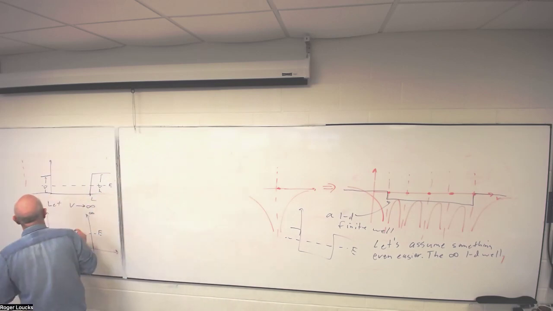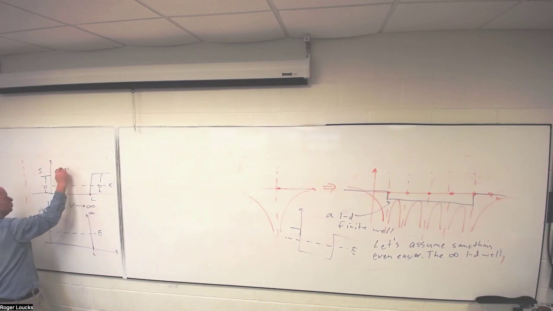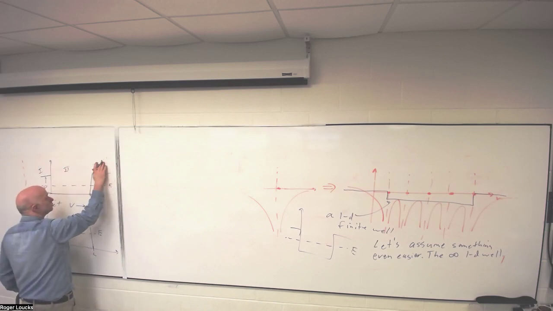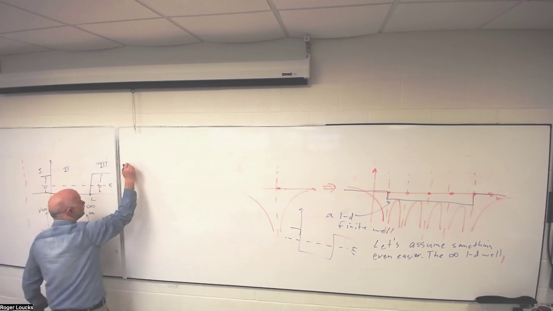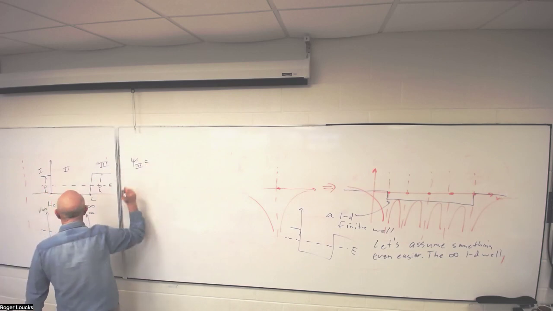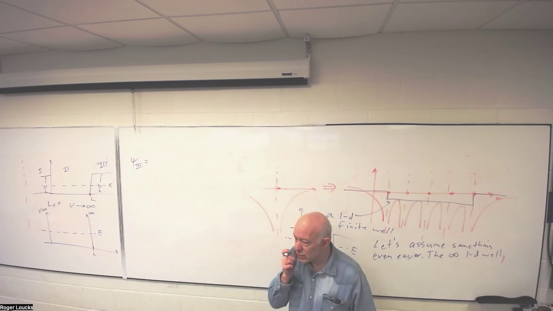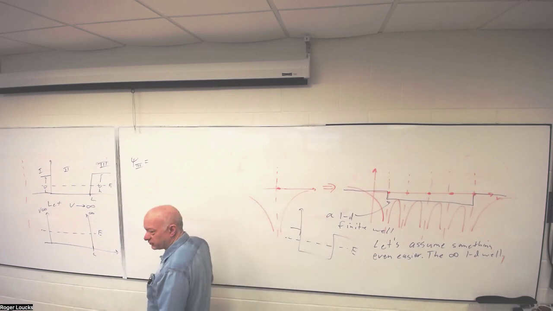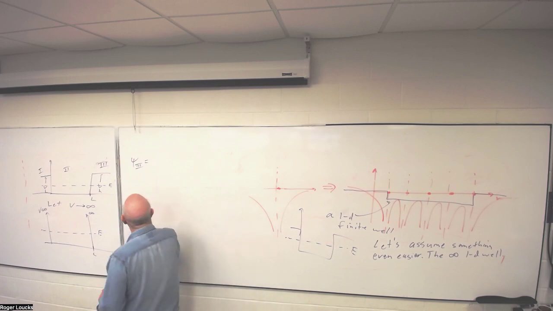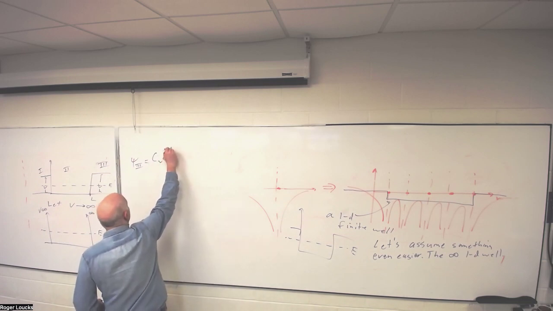So we have these regions here: 1, 2, 3. What do we say psi is? This is C2, this is C2 e to the minus beta x.